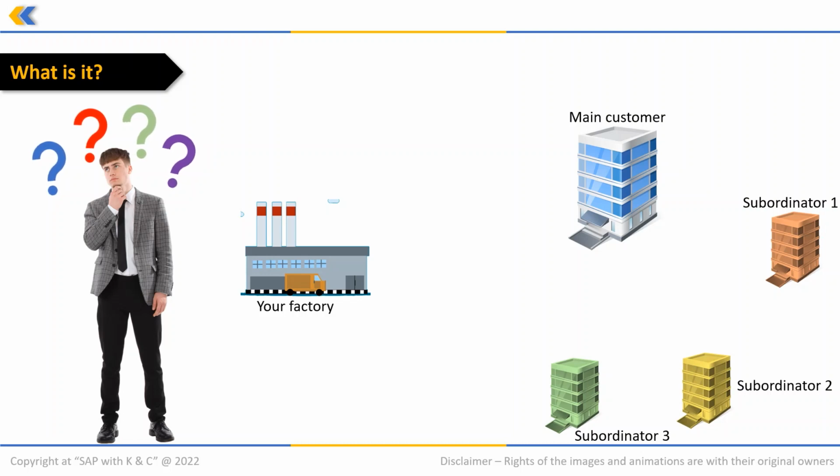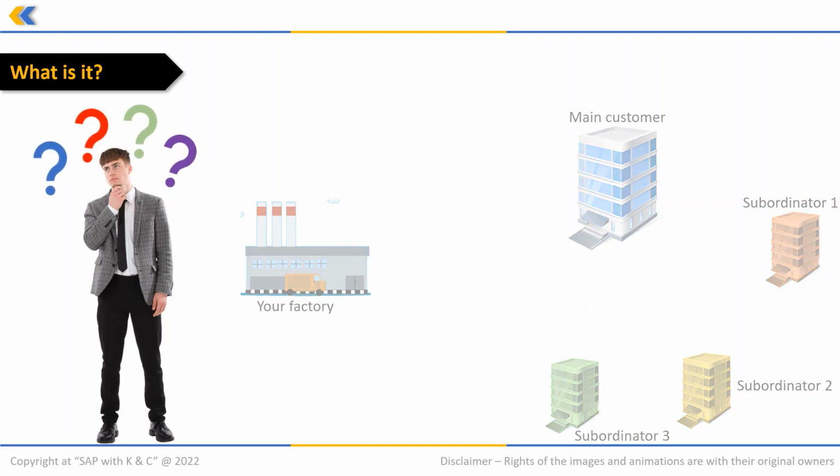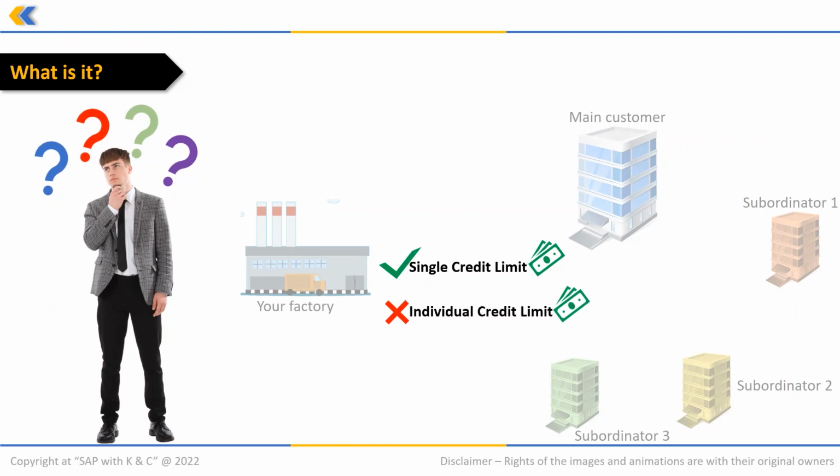You regularly supply goods to the customer and its subordinates on credit. Now, you can define a credit limit for them. However, since there are multiple entities belonging to the same organization, you will have to link each of them with a single credit limit, instead of defining individual credit limits.